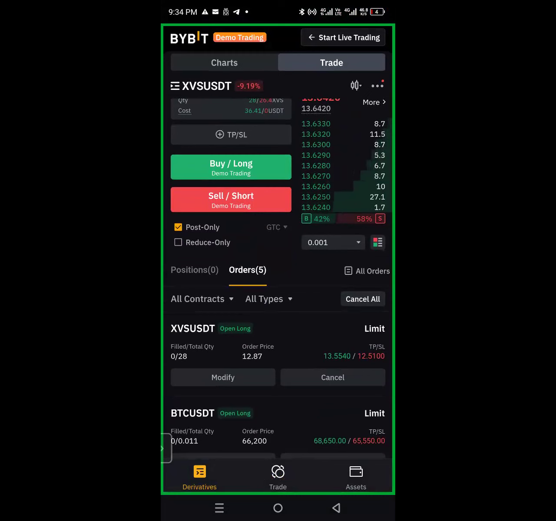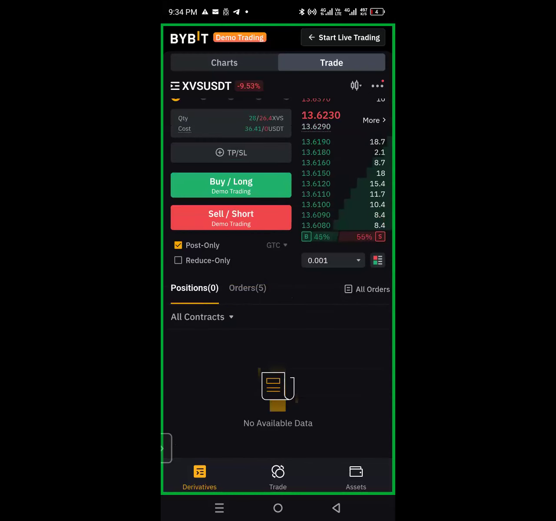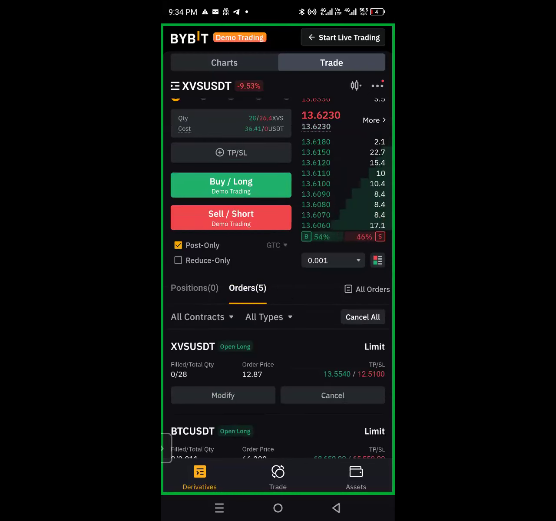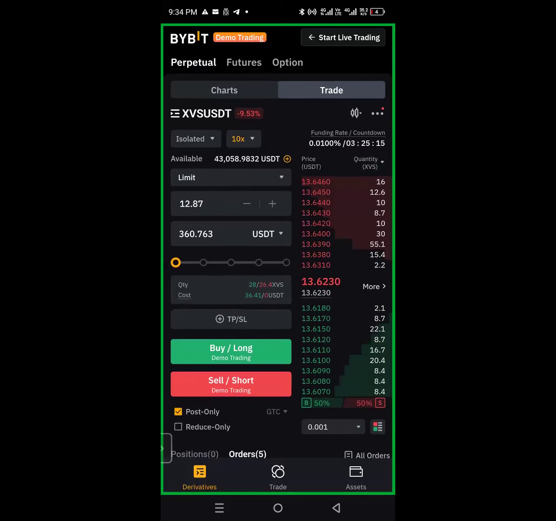So in the next class, we'll explain how to use leverage to your advantage, how to close partial profit, and how to check our profit and loss, our trade history, and what positions and other things mean. In our next class, I think we should talk about that. So I'll be handing back over to Blossom.